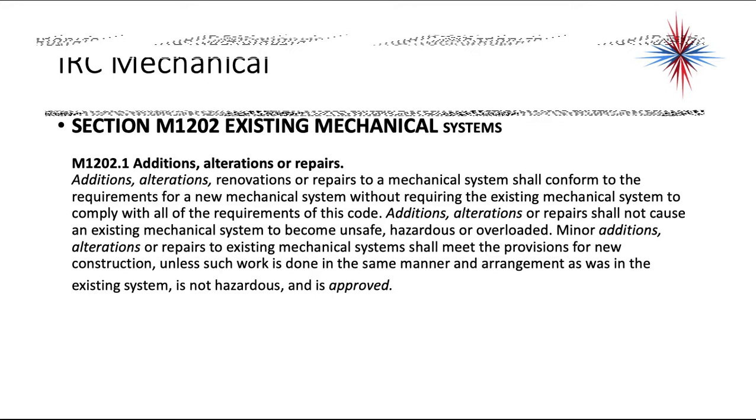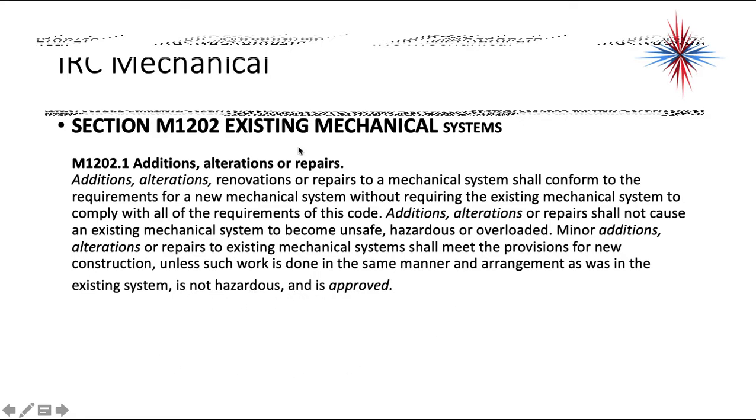Additions, alterations, or repairs shall not cause an existing mechanical system to become unsafe, hazardous, or overloaded. Minor additions, alterations, or repairs to existing mechanical systems shall meet the provisions for new construction unless the work is done in the same manner or arrangement as it was in the existing system, it is not hazardous, and is approved.